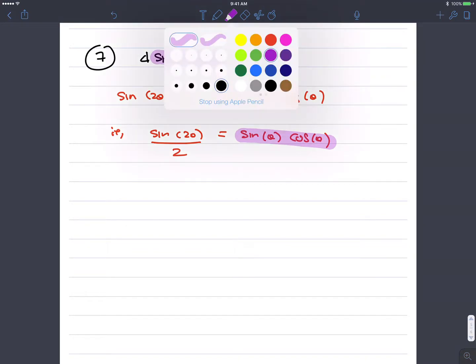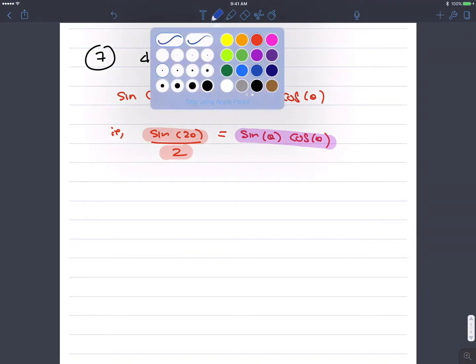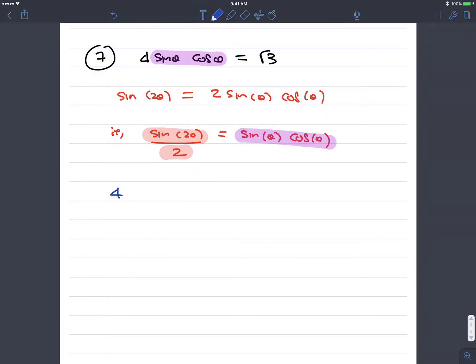Anybody want to tell me? I'll highlight in red. Sine 2 theta over 2. So your equation will become 4 not times sine theta cosine theta, but 4 times what? Sine 2 theta over 2. And that's going to equal square root of 3.